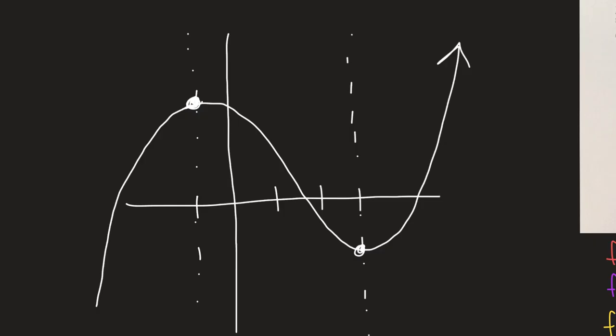I just know that it has a maximum at negative 1 and a minimum at positive 3. So my function might look something like that, depending on what the actual y value is when you plug it in, which I did not do. But your calculator can help you figure out exactly where your maxes and your mins are.